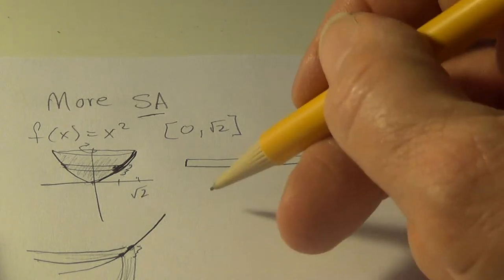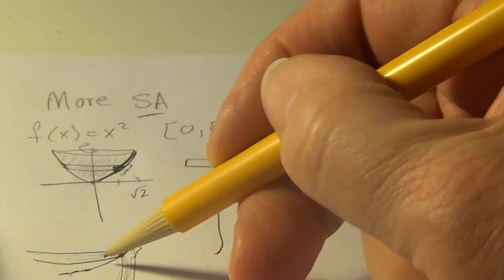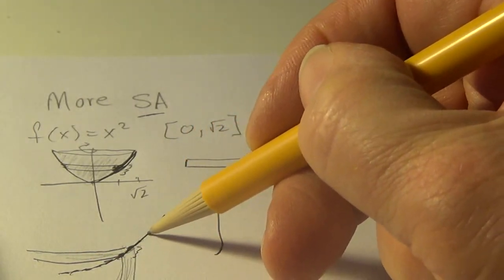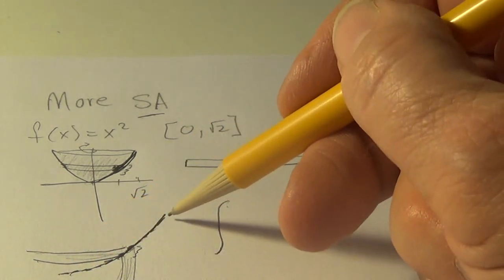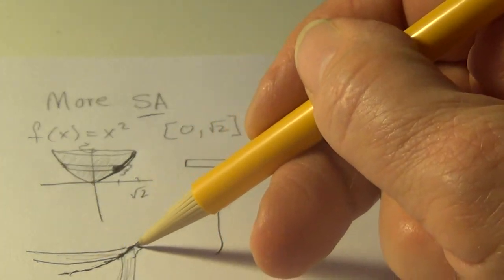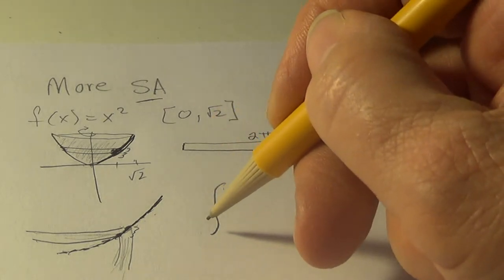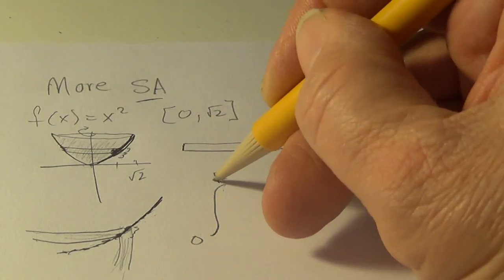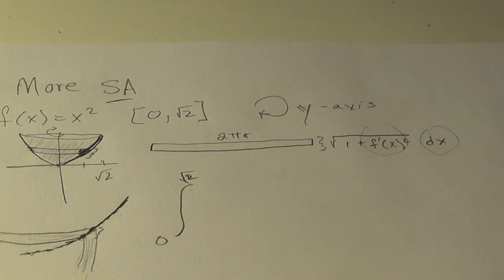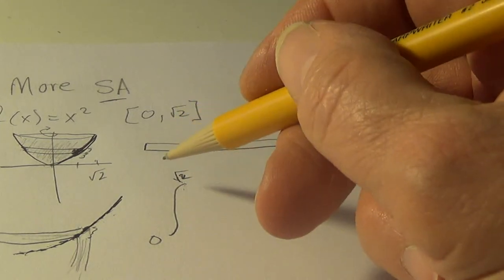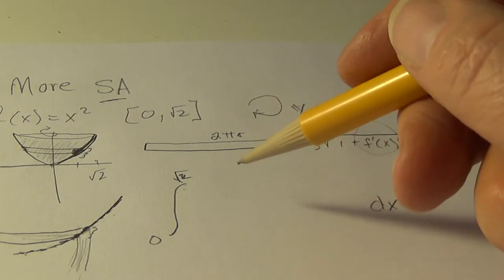We're going to add up these segments all across this, and let them shrink to infinitesimally small values as we do with the integral. But these little segments are still going to add up from 0 to square root of 2 on the x-axis. So it acts a little differently than you might think, having seen how it acts with disks. In a way it's simpler because the surface area is always going to involve dx. So that's nice. One less thing to worry about.